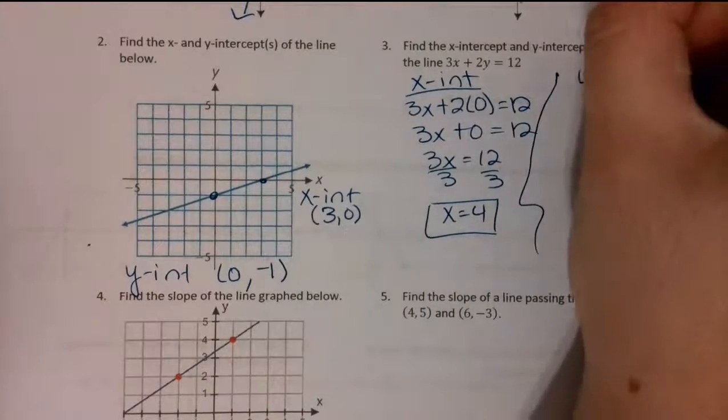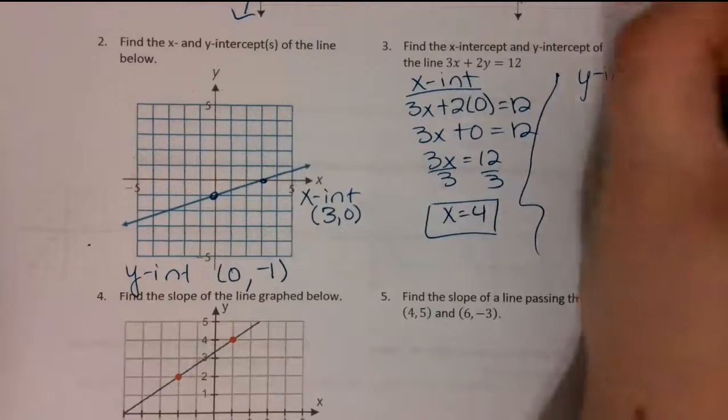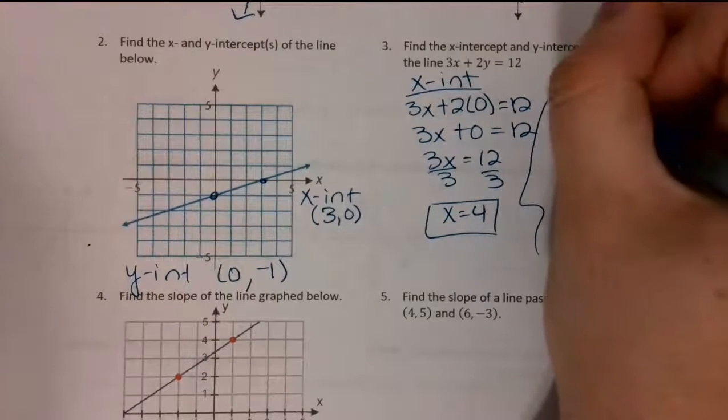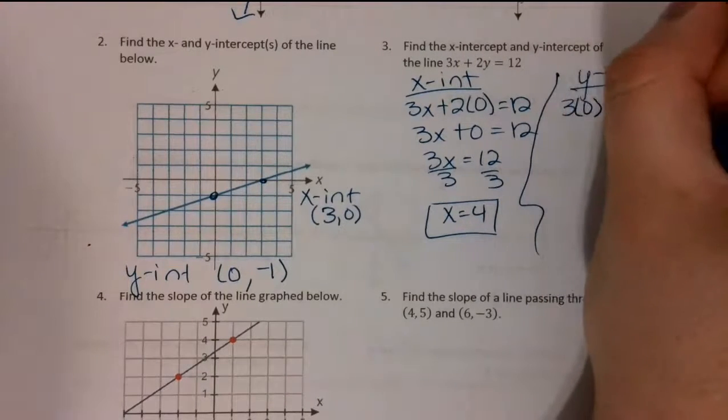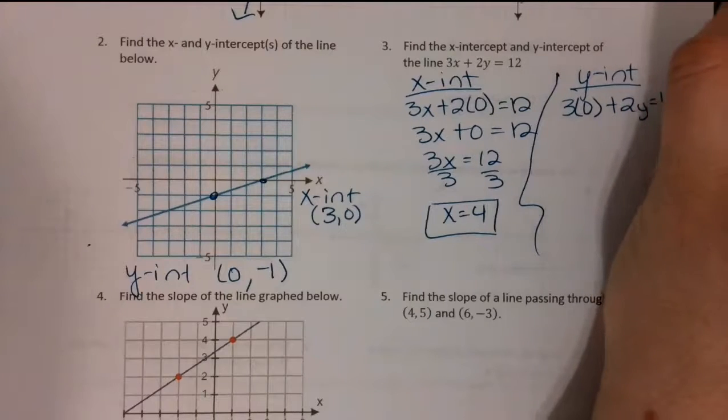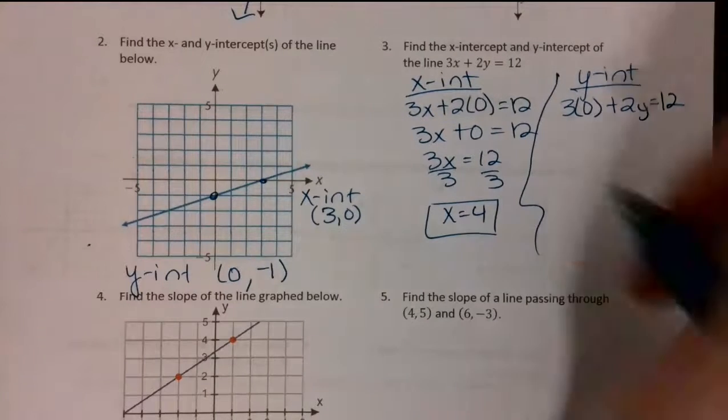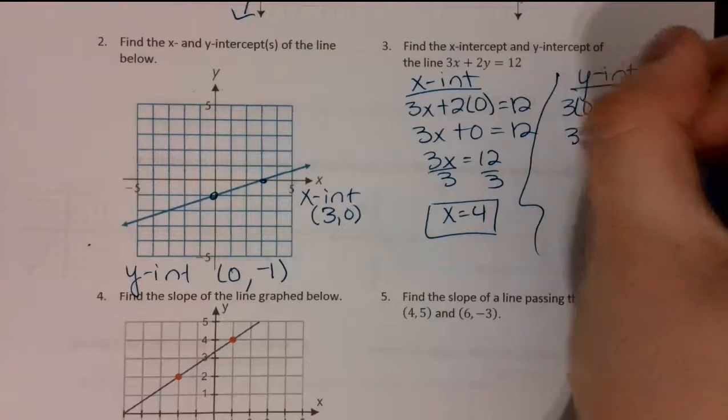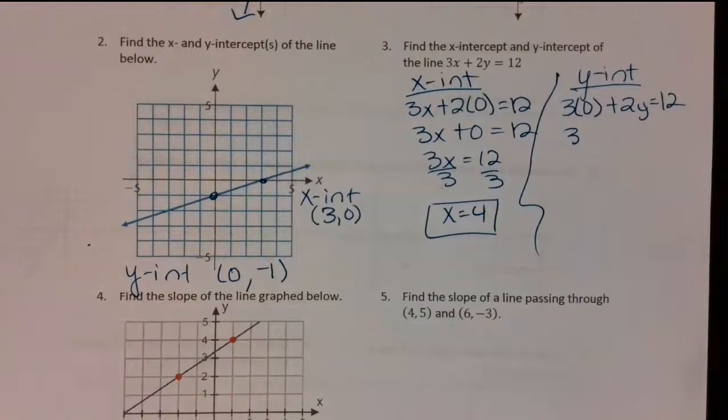Then I'm going to do the same thing for my y, except this time I'm going to plug in 0 for x. Okay. Then I end up with 3, 0.